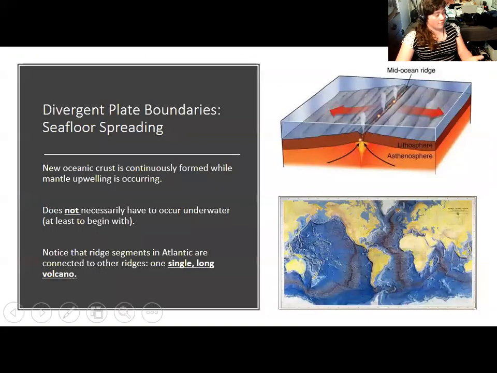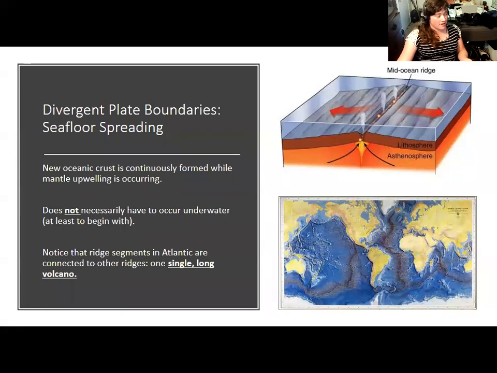So divergent plate boundaries are seafloor spreading. And the interesting thing is that seafloor spreading does not actually usually begin on land. People know Death Valley, right? Death Valley is a really good example of what at one point was a divergent plate boundary, and it would have become an ocean if seafloor spreading had occurred long enough.